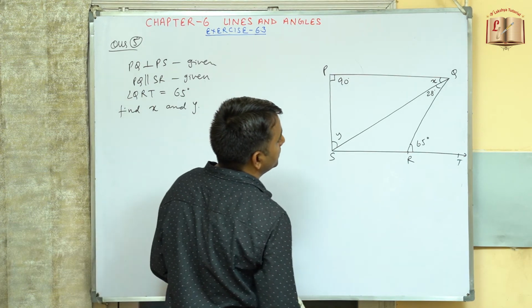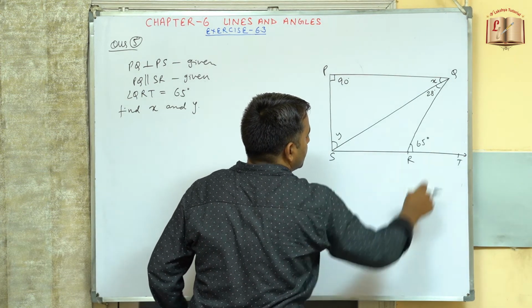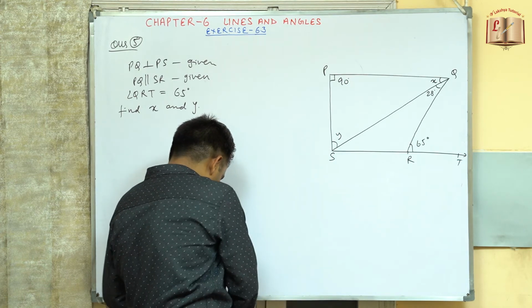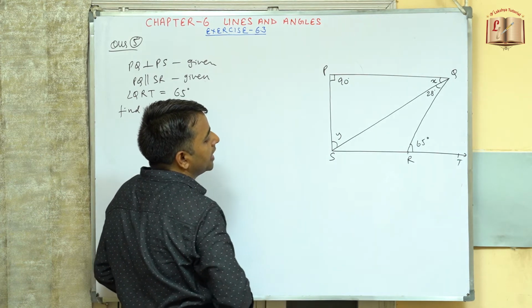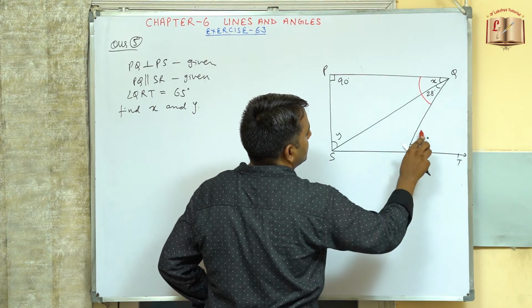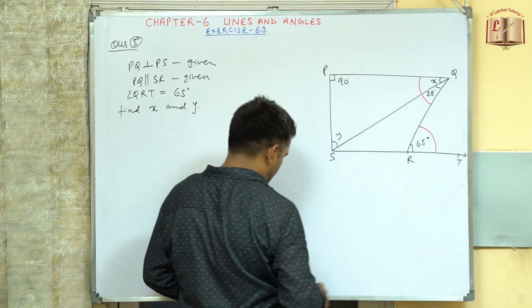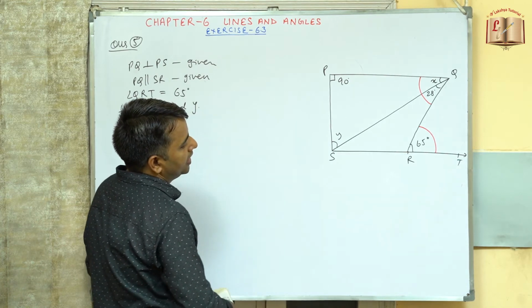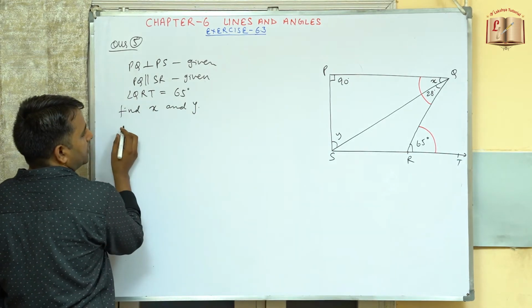Now this complete angle and this complete angle will be equal because they are alternate interior angles. Lines PQ and ST are parallel.